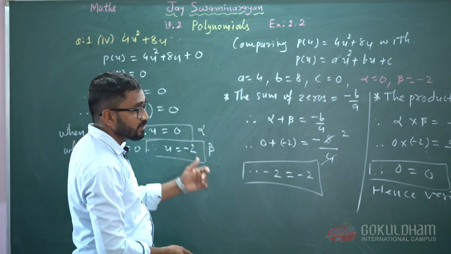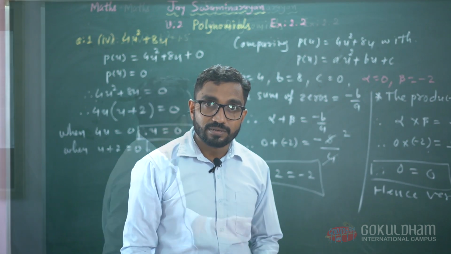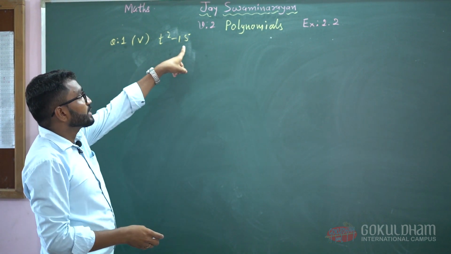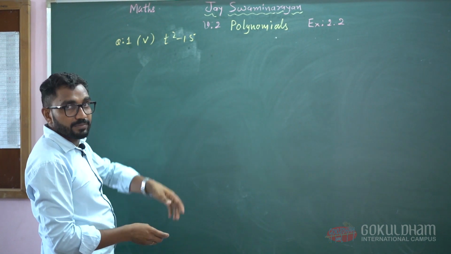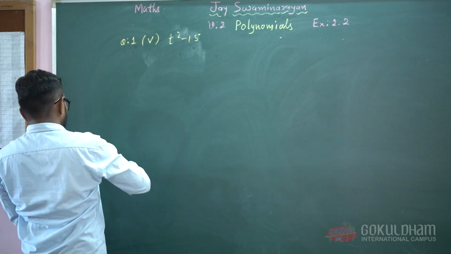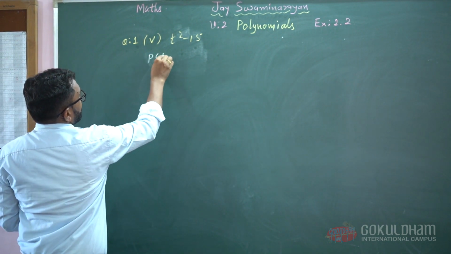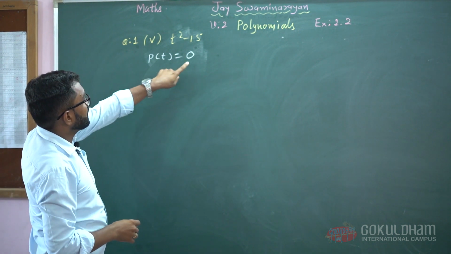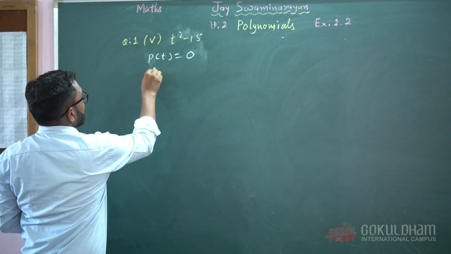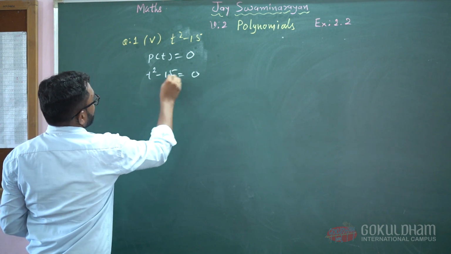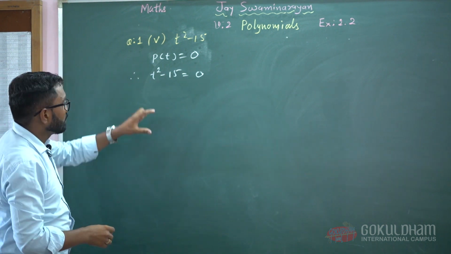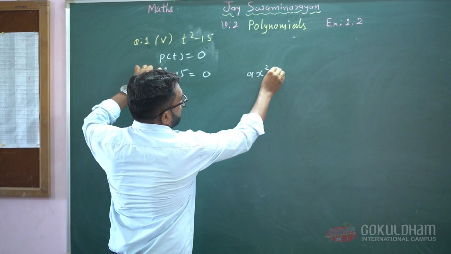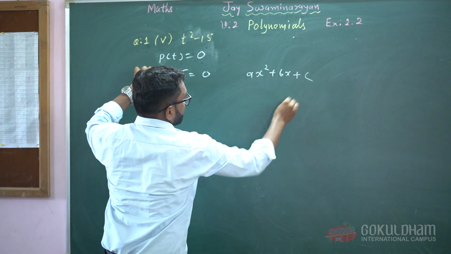Now we take our fifth example. Question number 5, t square minus 15. These quadratic polynomials are given in the form of t. So here take p of t equal to 0, which means t square minus 15 equals 0. This is compared to ax square plus bx plus c.